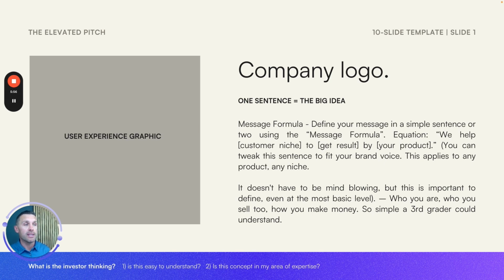And if it is, they're immediately going to start shutting down their brain. Okay, is it exciting? Is it engaging? Is it in their area of expertise? Meaning, you're pitching to an audience of various investors that may invest some in real estate, some in tech, some in hardware, whatever it might be.